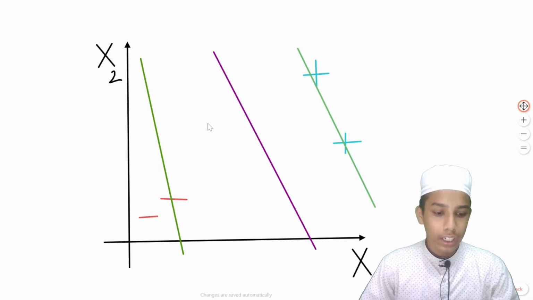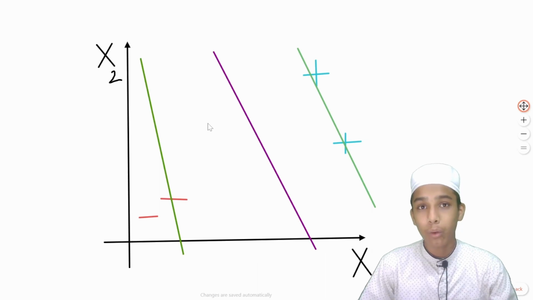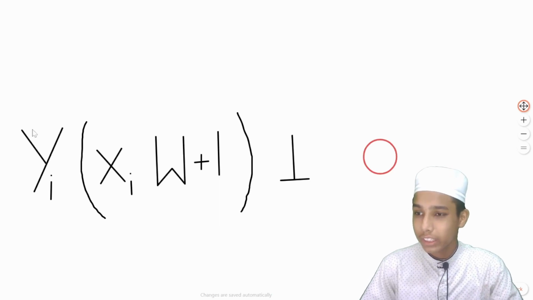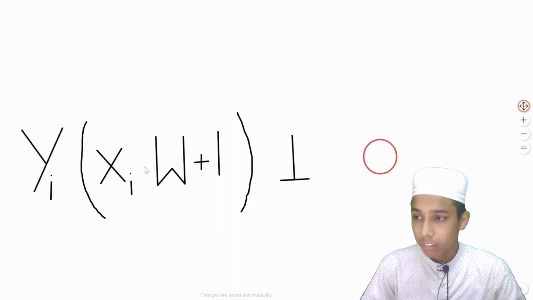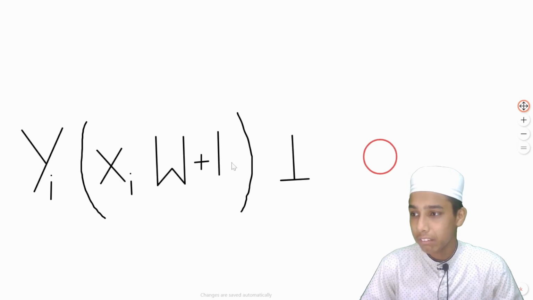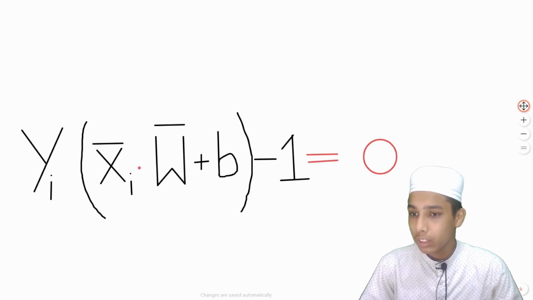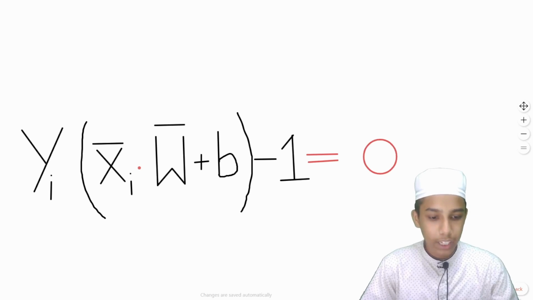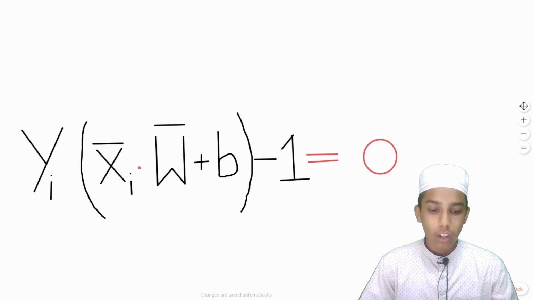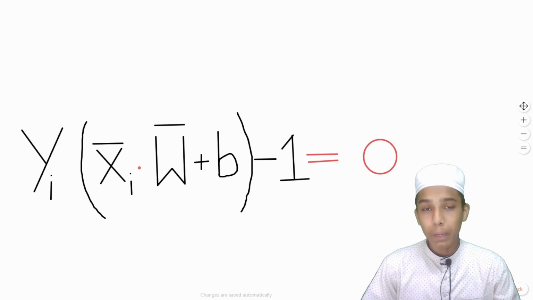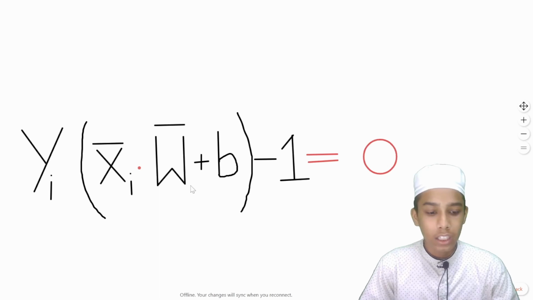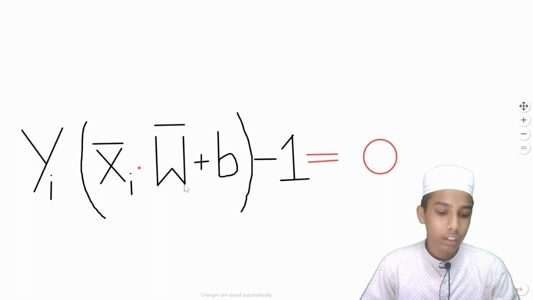Now guys, how come we are requiring known feature sets to be greater than or equal to 1? Without the multiplication by y sub i, we just have x sub i into w plus b. Without multiplying by y sub i, this basically requires all of our feature sets to pass, so x into w plus b should be greater than or equal to 1 or less than or equal to minus 1.